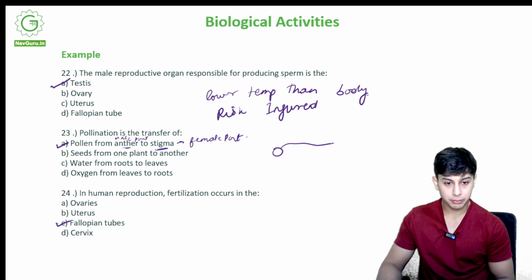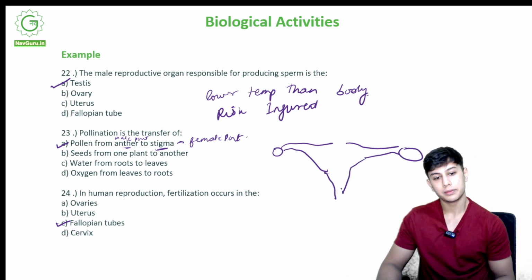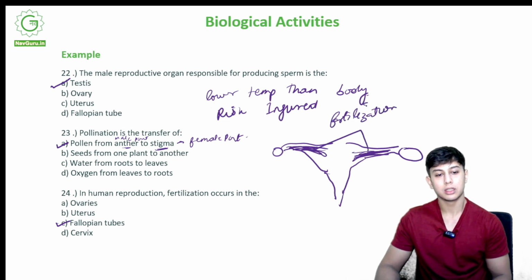Alright, so if you remember, it was moving like this, these long tubes near the ovaries, right? These were the fallopian tubes. This is where fertilization occurs in humans.